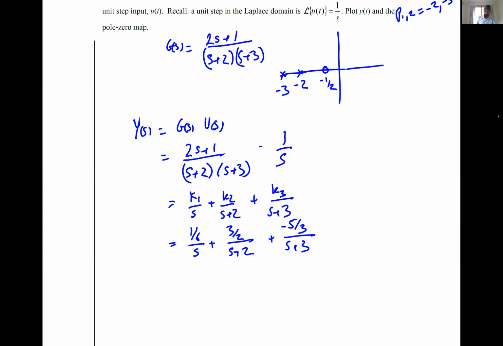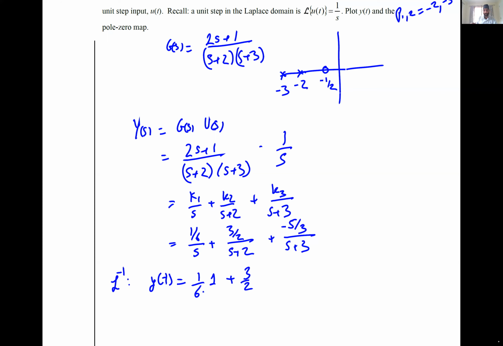We can find the inverse Laplace transform to find y(t). So the first one is just the inverse Laplace transform of 1 over s, which is the step function. So we just multiply it with the coefficient, so 1 over 6 times 1, plus 3 over 2 times the inverse Laplace transform of 1 over s plus 2.